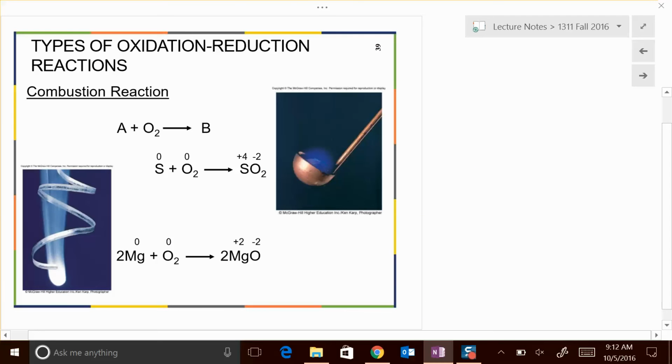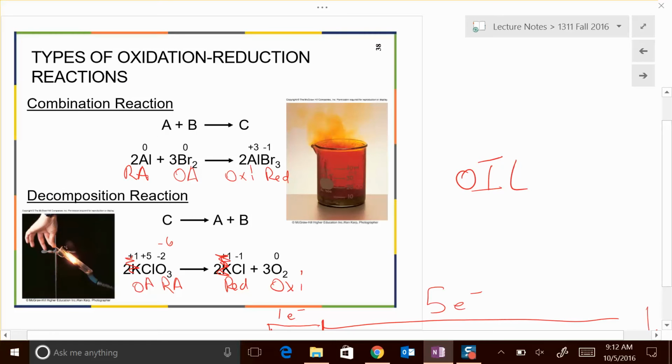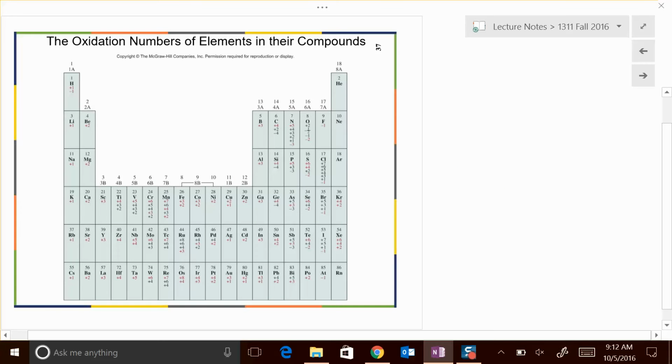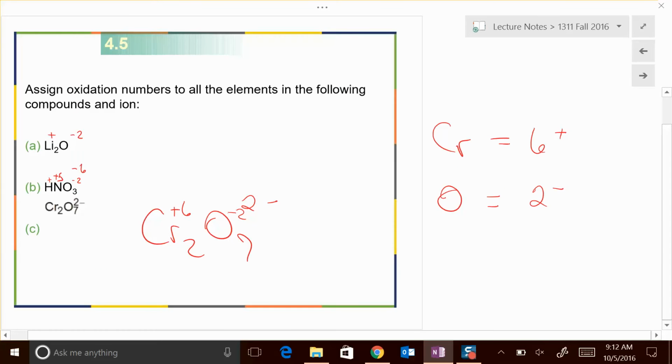Professor, on the previous slide, the oxygen had the 2 minus. Why is that 2 minus there? Like, because we have to subtract that from the 14.